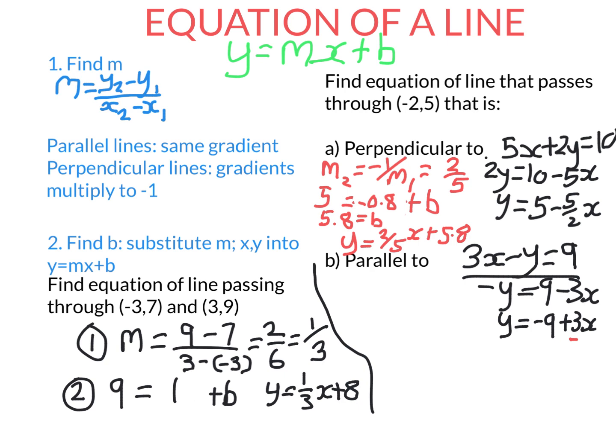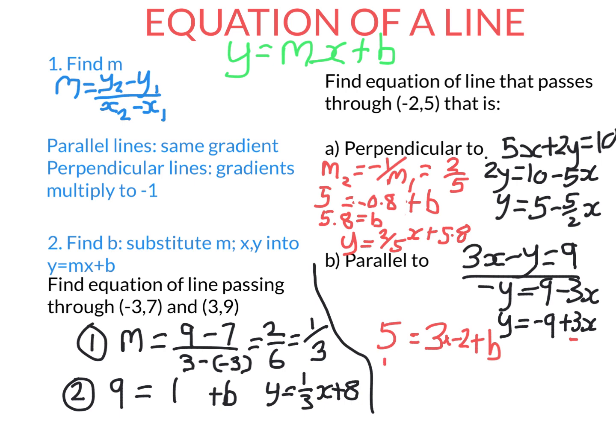So when I'm finding the equation of the line parallel to this, I have found the gradient is 3. I have done step 1. Step 2 is to find b. I'm going to take my equation y equals mx plus b, and I'm going to substitute m for 3. And I substitute x and y from the point I was given. So once again, I'm going to substitute x for -2 and y for 5.